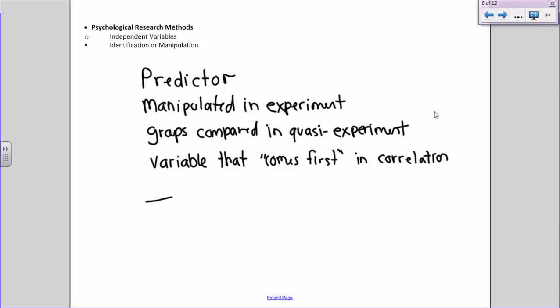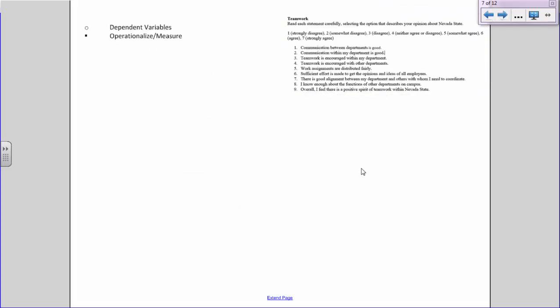So independent variables are the predictor that lead to what we actually measure, the outcome of interest, dependent variables. So let's take a look at those for a sec. So dependent variables are the outcome, the thing that you want to change as a result of your study, or the thing that you think happens as a result of the independent variable.